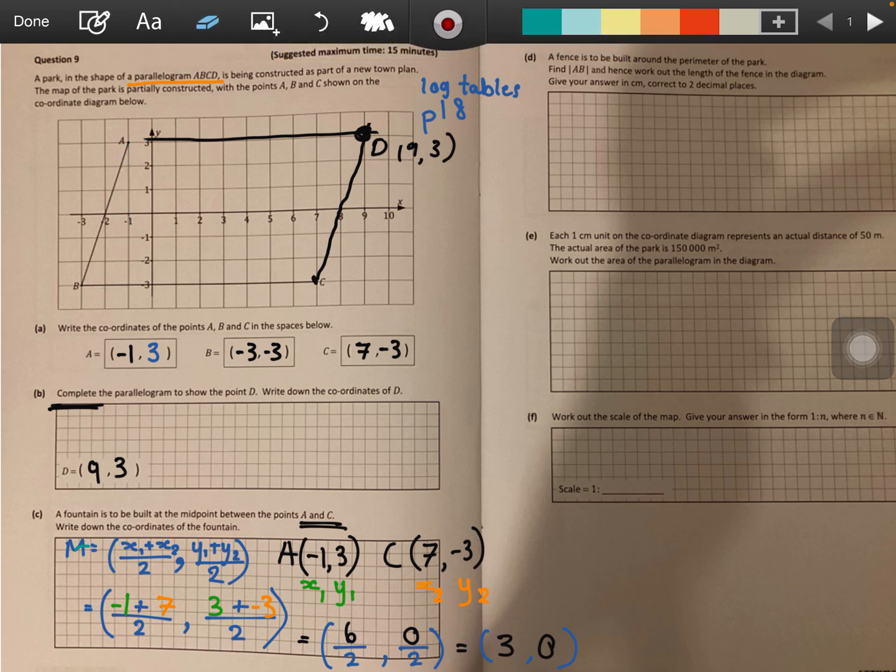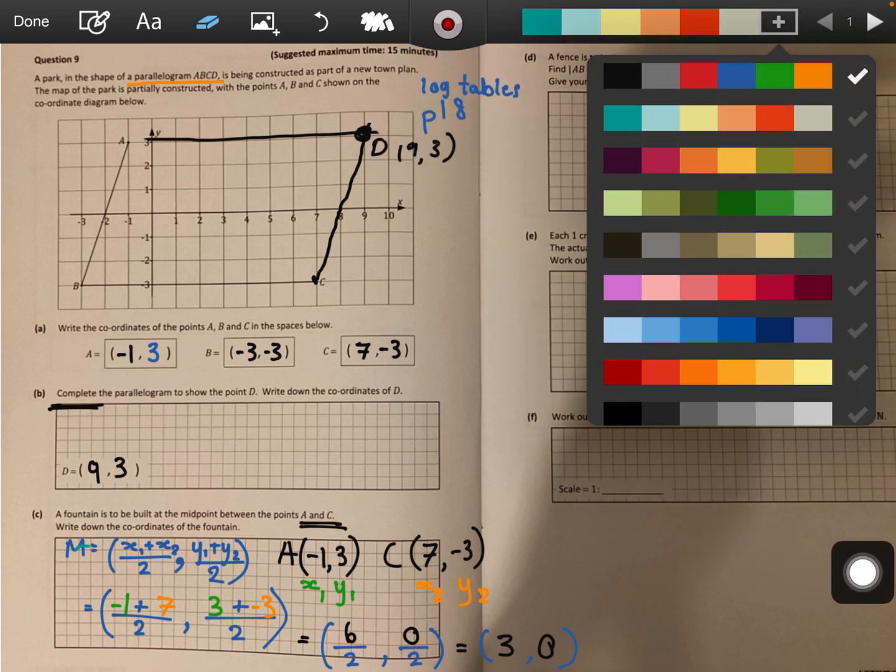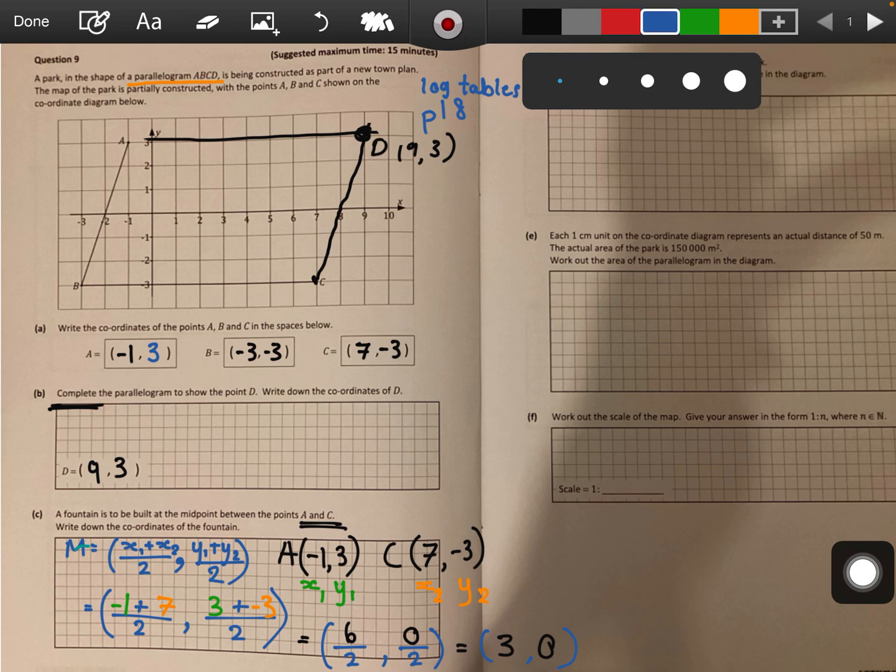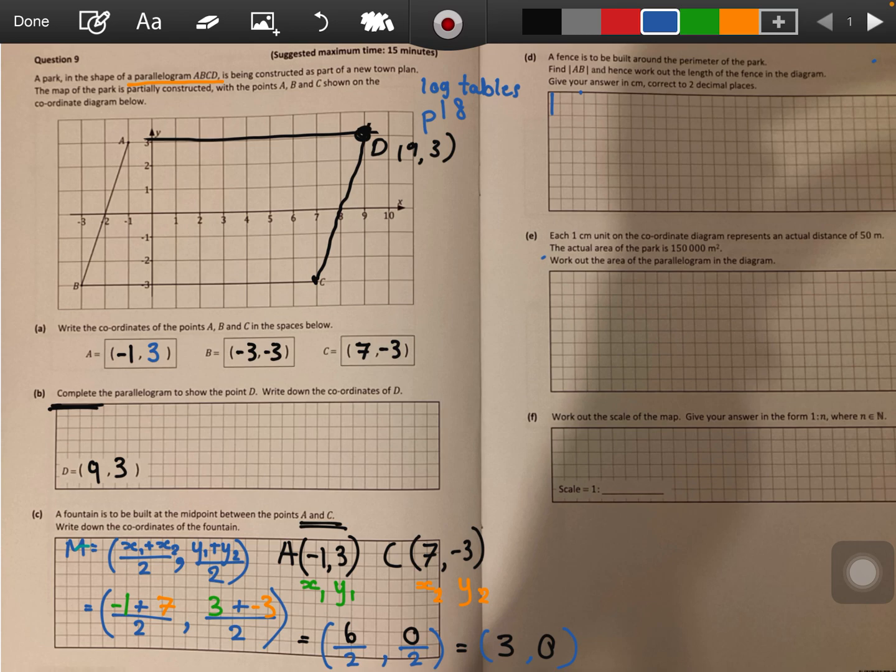The other way I could do it, seeing as my log tables are already open on page 18, you can see that there is a distance formula, and it's given with lines on each side. It's not actually called a distance formula, it's called a length formula, but those lines on each side of the letters are the same. So in your log tables, it's given as P and Q with lines on each side.